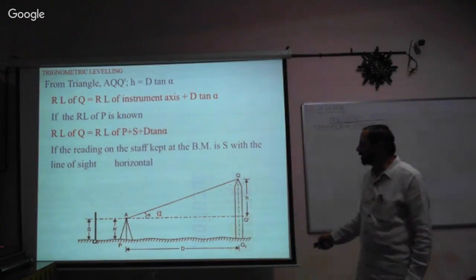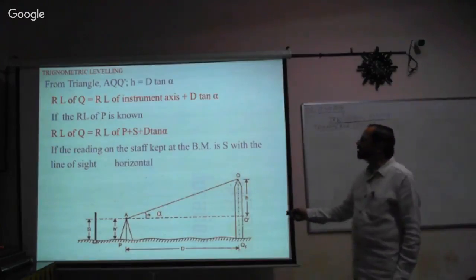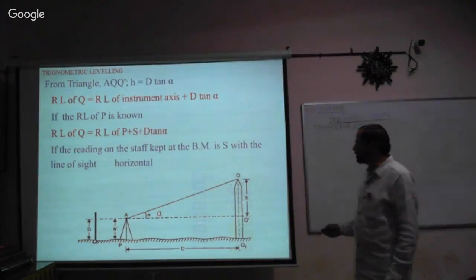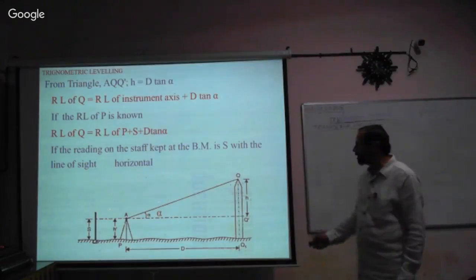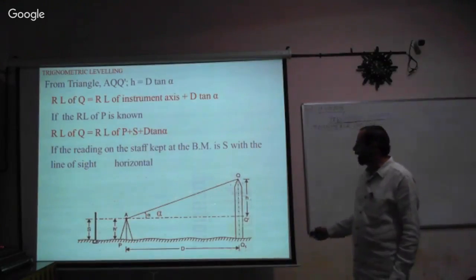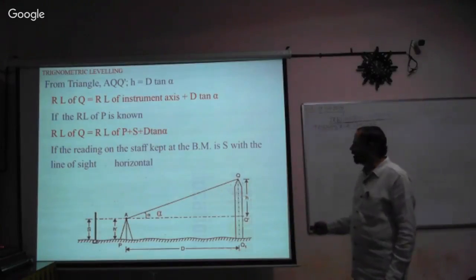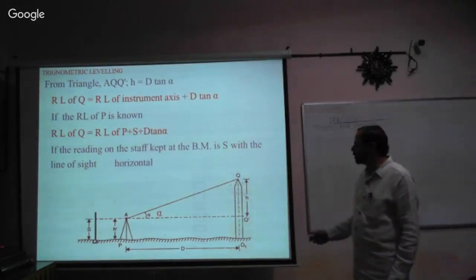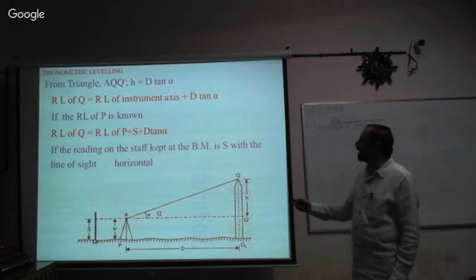Now considering this triangle AOQ dash, this is the opposite side and this is the adjacent side. Therefore h is equal to d tan alpha.